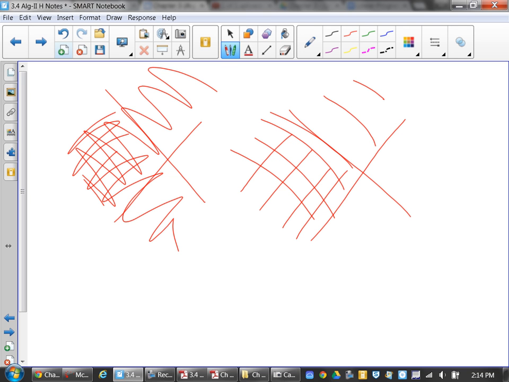I had more lines going this way, but it was easier to see how that became like a basket weave, little crisscross pattern. The less messy you do your shading as you build into these, the easier it will be to figure it out.